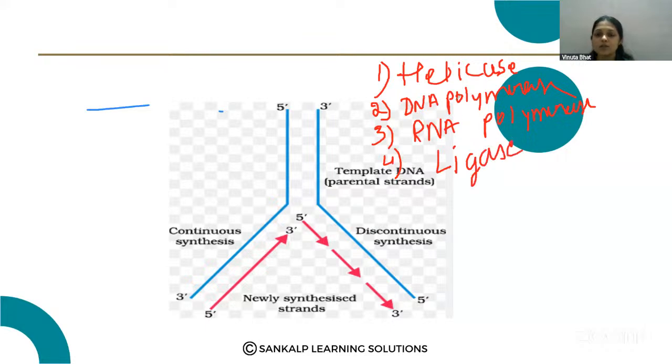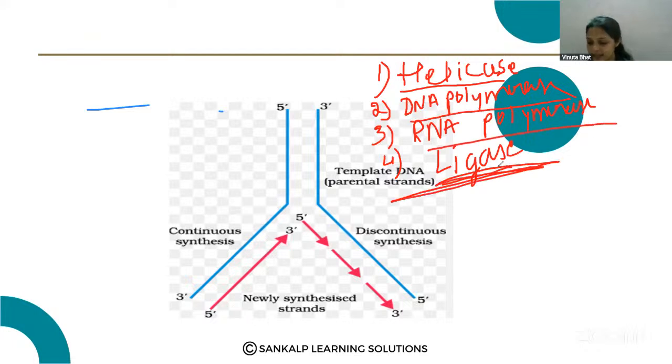So these are the four important enzymes required for the replication process. We are studying the replication process in detail. Helicase, DNA polymerase, RNA polymerase and DNA ligase enzymes are required for replication.